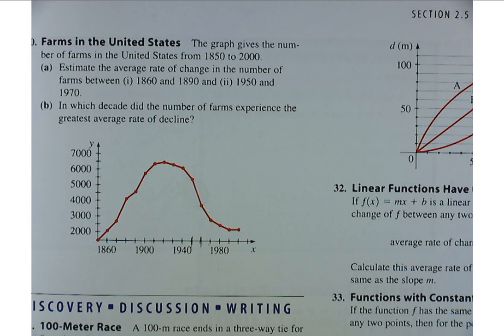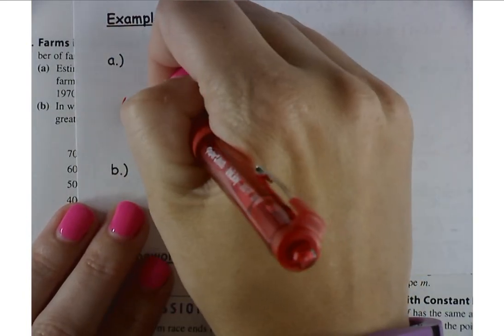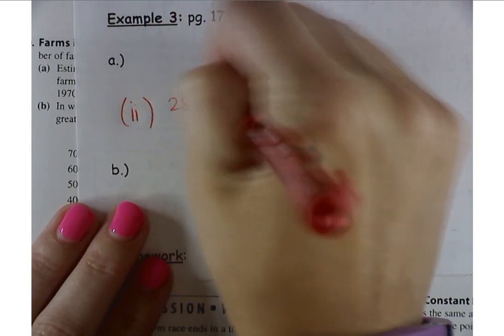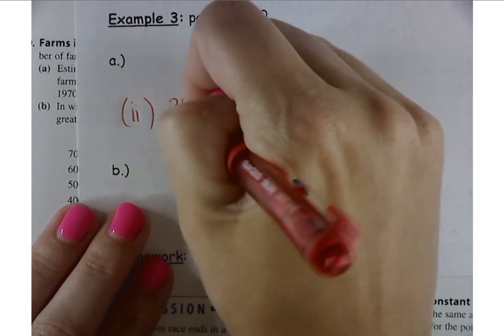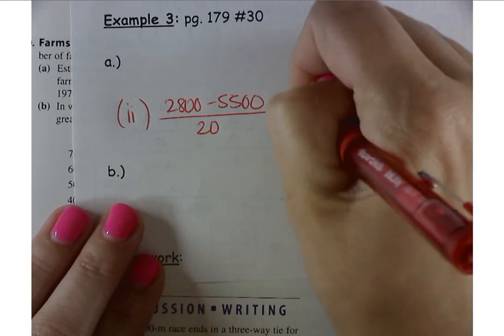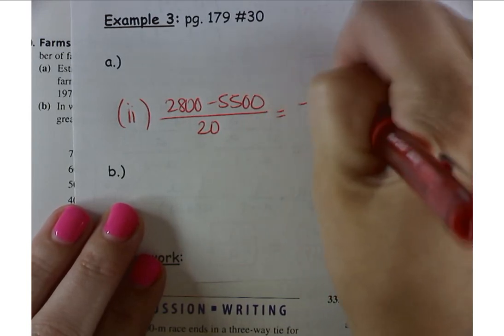Okay, so then we're going to do 2,800 minus 5,500. This is for part 2. I'm just going to do it with you. So 2,800 minus 5,500, and then there were 20 years in between those. So we get negative 2,700 over 20.